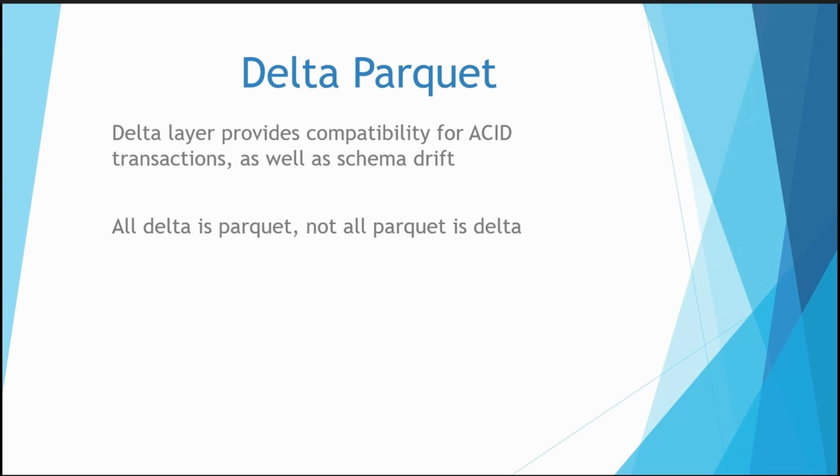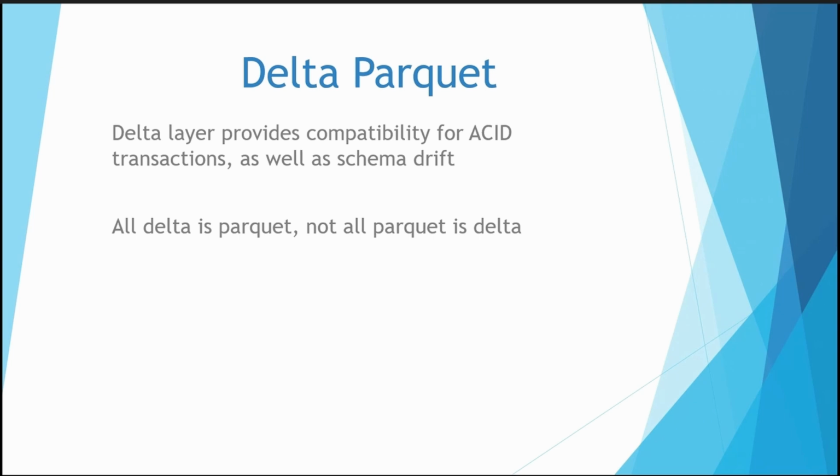And so some of the terminology gets a little confusing because Microsoft will say Delta Parquet, which isn't really a thing. Really, it's more true to say Parquet with a Delta layer. But it's all semantics. So you'll hear all sorts of stuff.